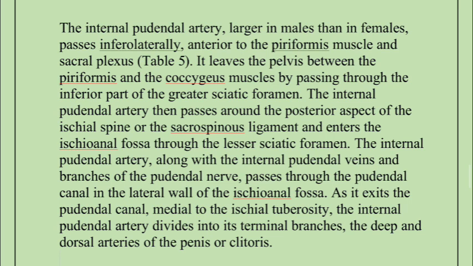As it exits the pudendal canal medial to the ischial tuberosity, the internal pudendal artery divides into its terminal branches, which are the deep and dorsal arteries of the penis or clitoris. So the terminal branches are the deep and then the dorsal arteries of the penis in males and of the clitoris in females.